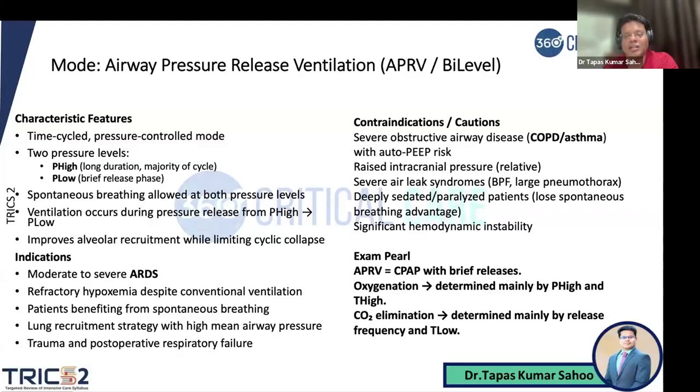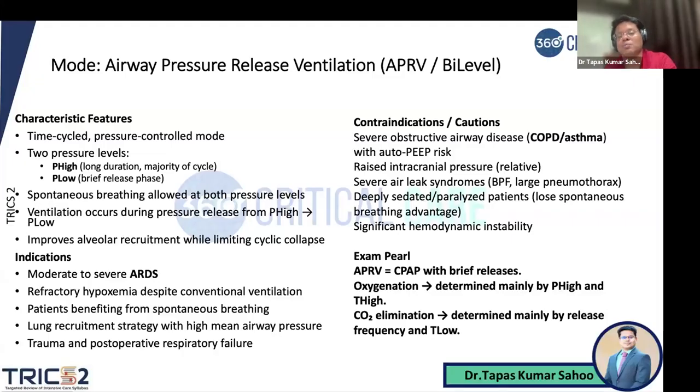There are certain contraindications or cautions that you should remember. What are they? Severe obstructive airway disease, that is COPD or asthma, with auto PEEP risk. If your patient has raised ICP, you should not use APRV mode unless it is seriously indicated.